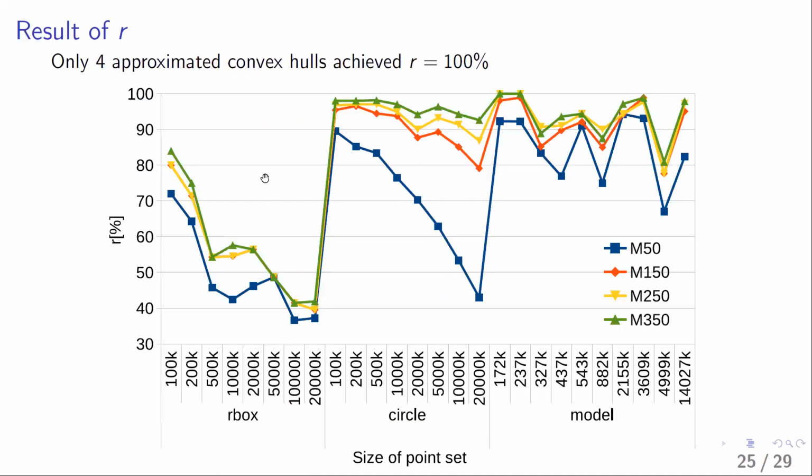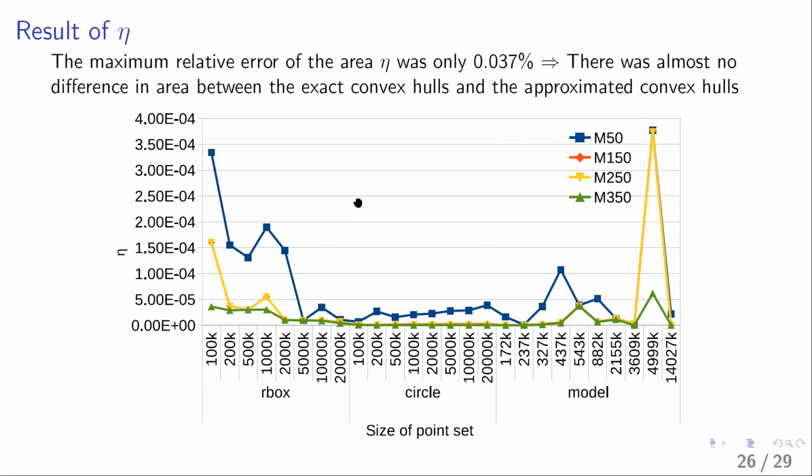First, this figure shows the evaluation result of R. As M increases, R increases. Thus, the accuracy improves. This time, only 4 approximated convex hulls achieved R equal to 100%. Next, this figure shows the evaluation result of eta.